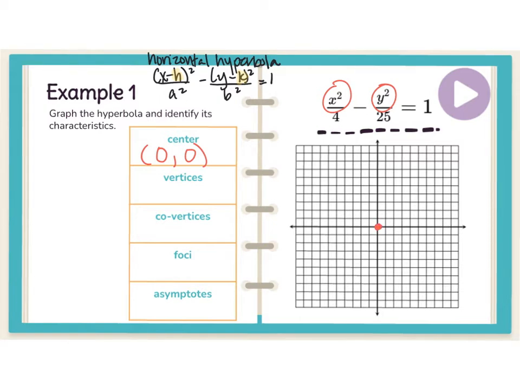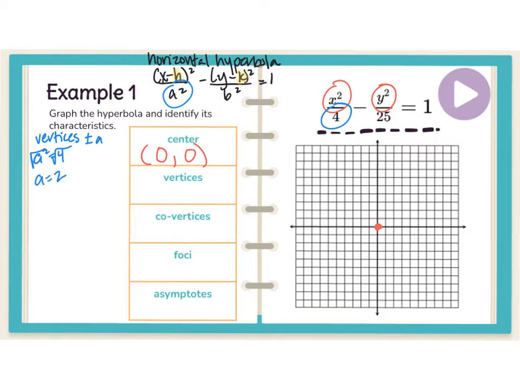And then we need to find the vertices, and remember the vertices are plus minus a. And remember a squared is the first denominator, so that's going to be 4. A squared equals 4, and in order to get a, we square root both sides, so a equals 2.